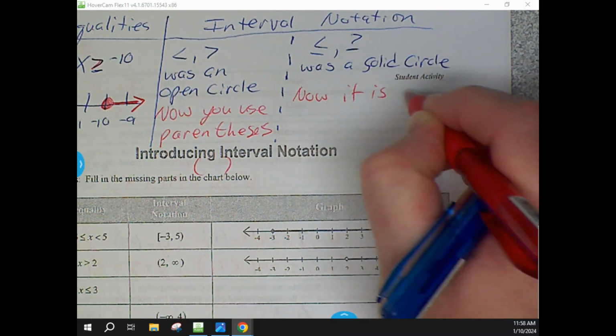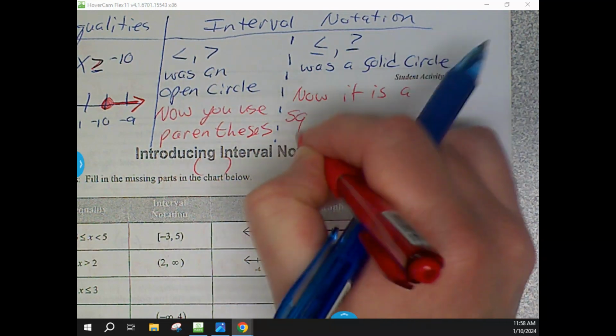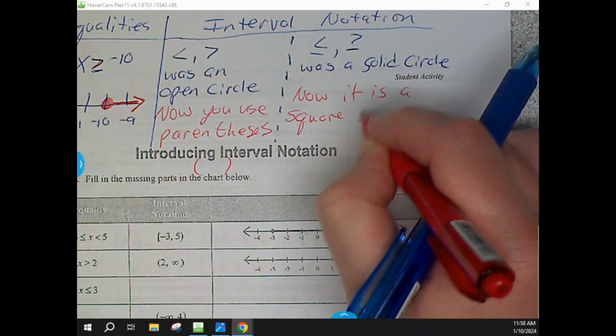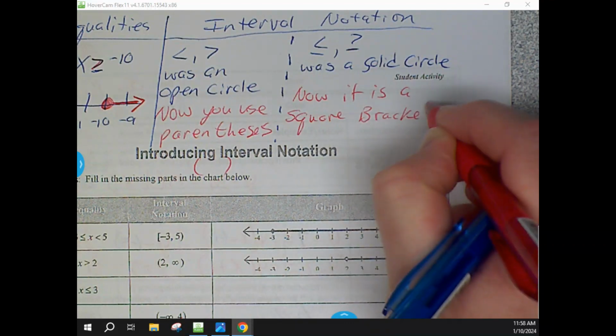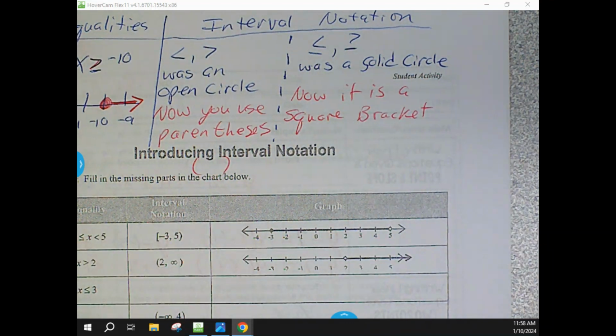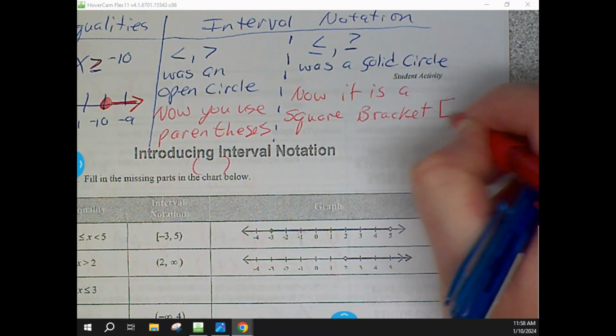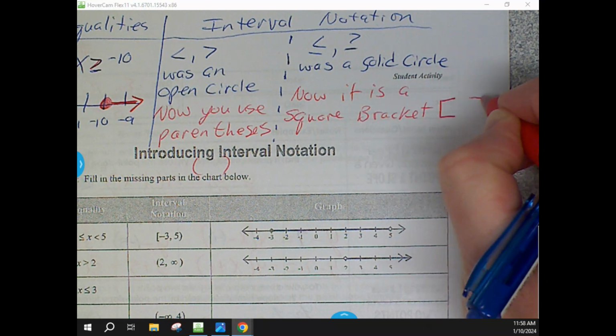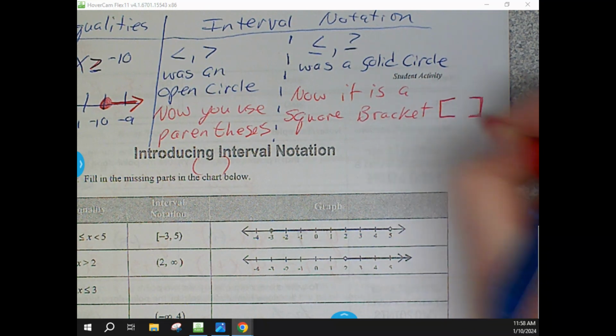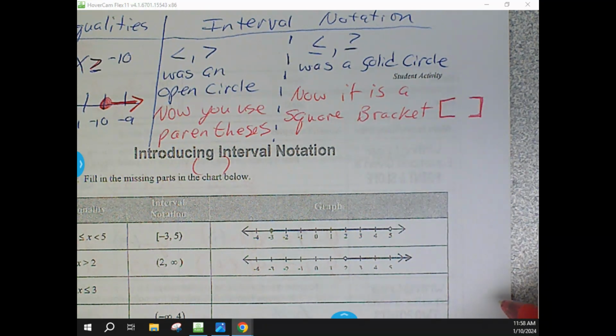So now it's going to be a square bracket. When they do the square brackets, it's like a staple. Let's turn it sideways. So it looks something like that.